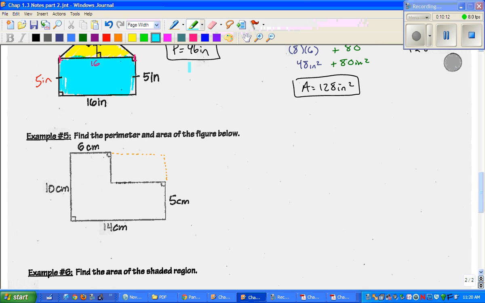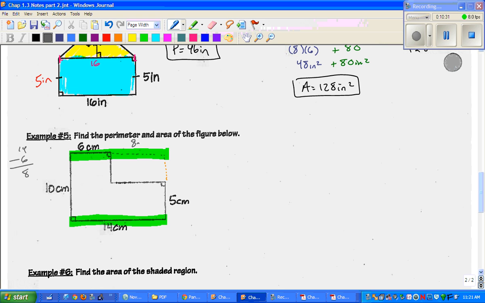Okay? And that means that my top up here has to be the same as there. So if we have 14 and you minus 6, we are missing 8.